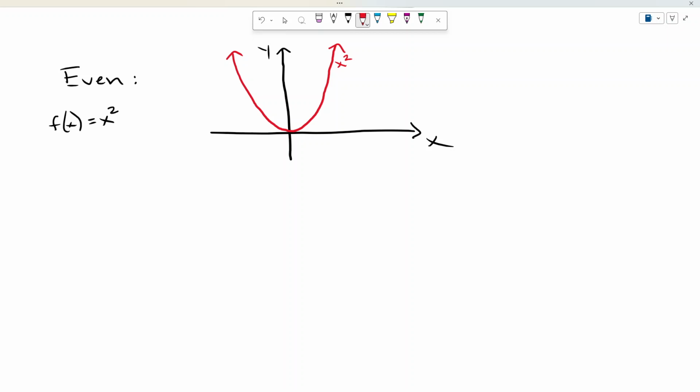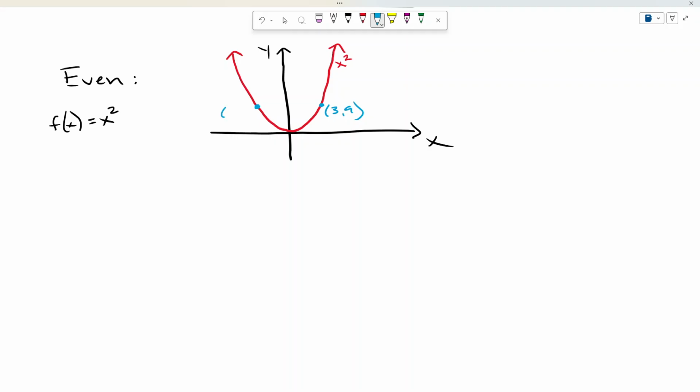All right, so what we mean by symmetry about the y-axis is if you were to plot some points here, like if we did a table of values, we'd have 3. 3 squared is 9, so we'd have 3, 9. But then what would we also have?